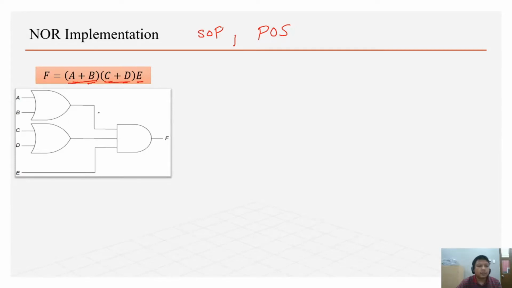Now, first, we need to draw the equivalent circuit based on this original function. We have A plus B, we have C plus D, and then ANDed all together. We have A plus B, this is C plus D, and then we have AND gate here.